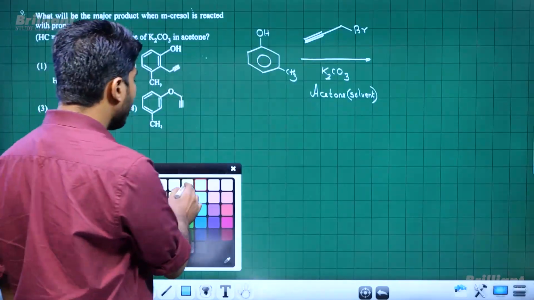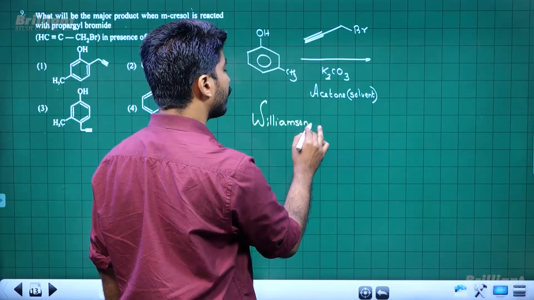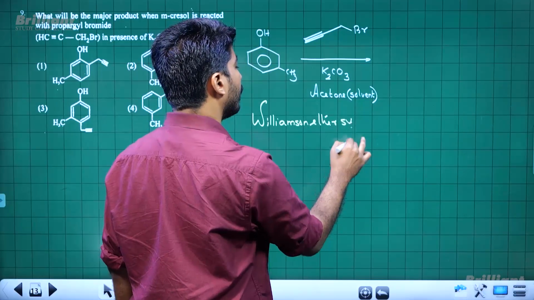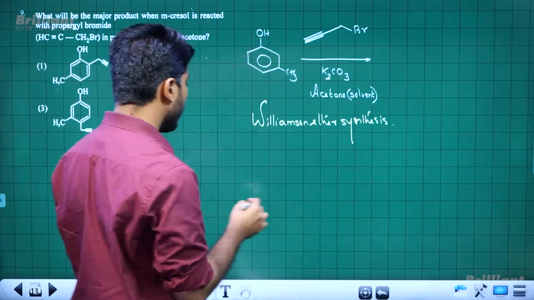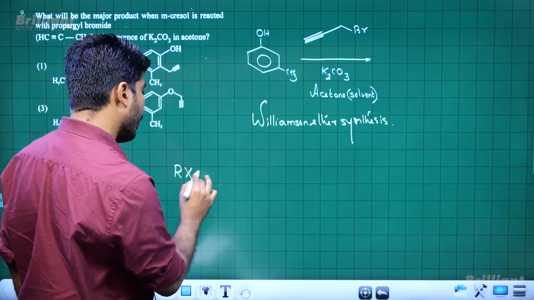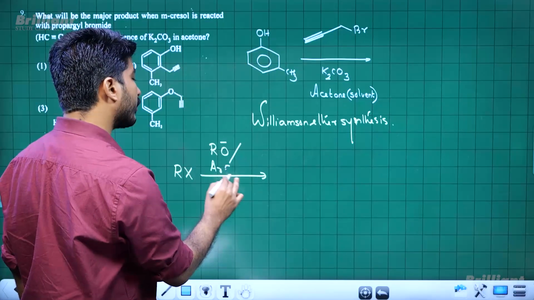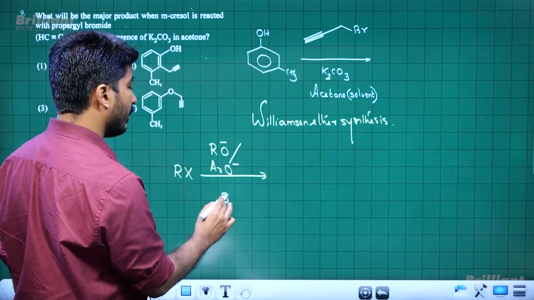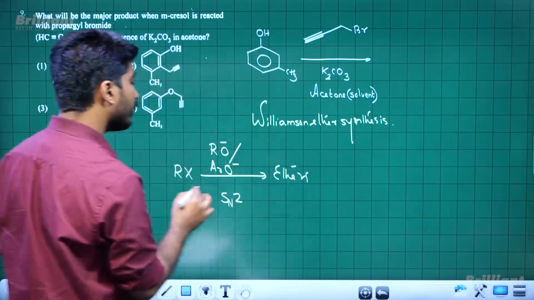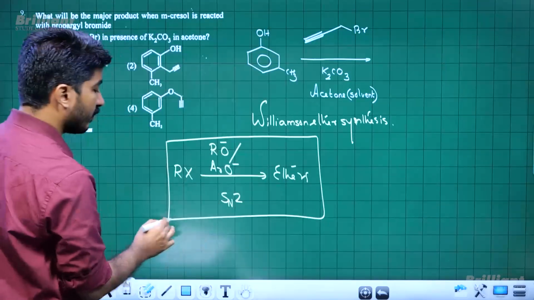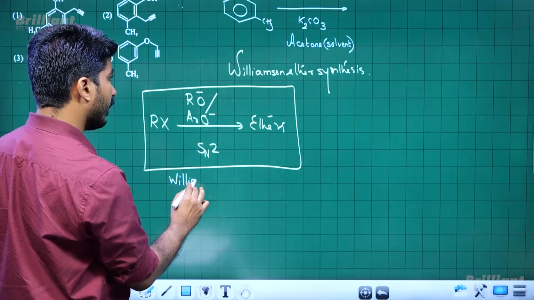You should know that this is Williamson ether synthesis. You remember the reaction of alkoxides or aryl oxides or phenoxides. If it is SN2 that is giving ethers, such reactions are called Williamson synthesis reactions.